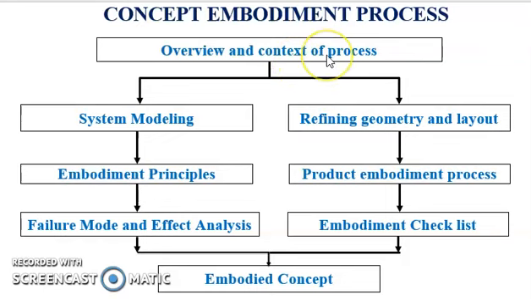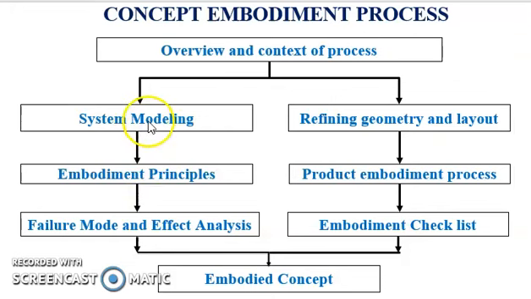Following overview and context, in basic method a concept is refined into final geometric configurations, material descriptions, manufacturing process to be employed to realize the concept in the physical shape. Then an embodiment checklist verification is conducted to ensure that all the function of the concept and engineering specification satisfy the customer need.